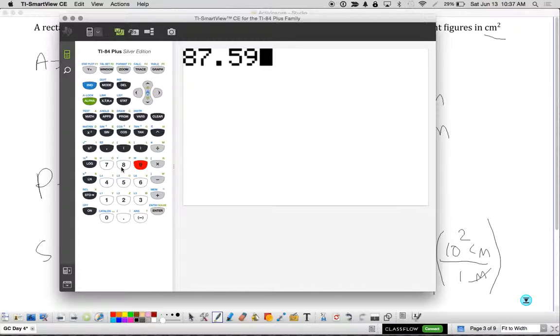So I can do 87.59 times 35.1 times, oh, delete.